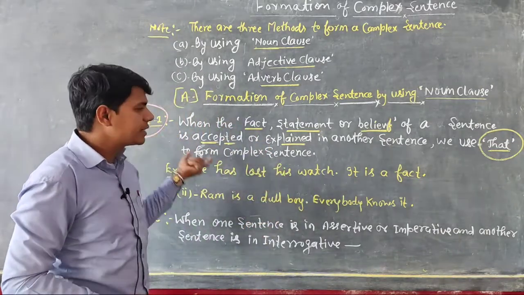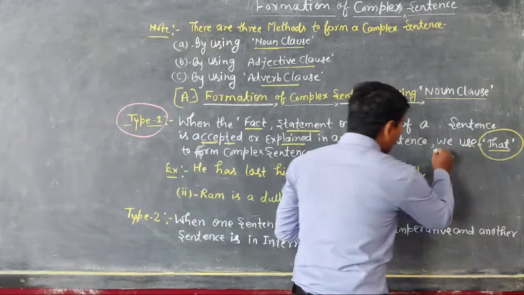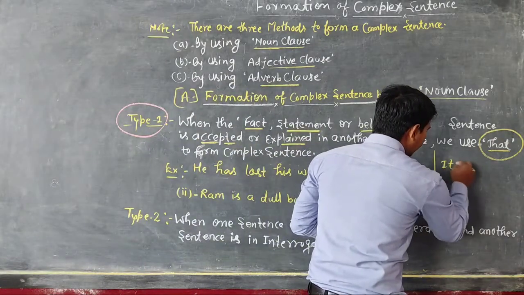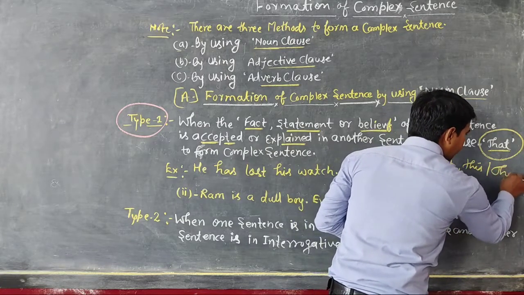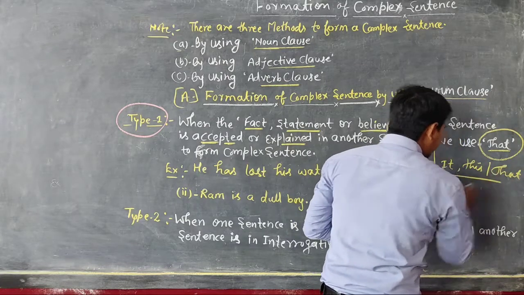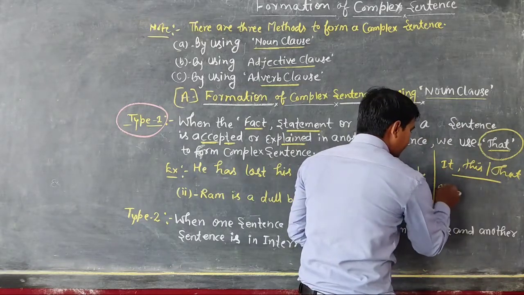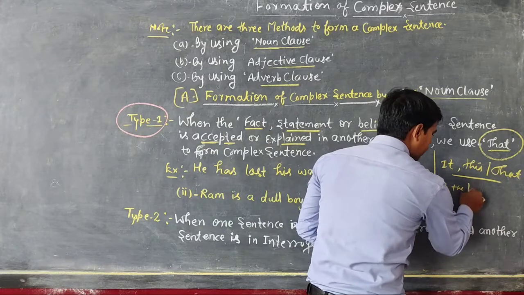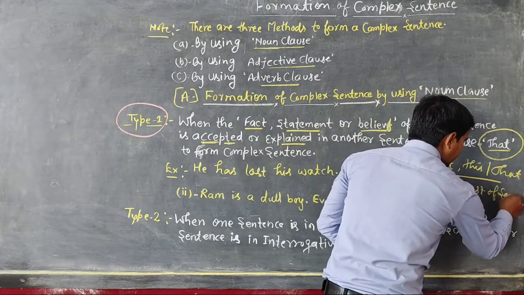And here is one thing you can remember: generally, type 1 sentences either start with the words it, this or that, either the sentence begins with these words or they come at the last of the sentence.